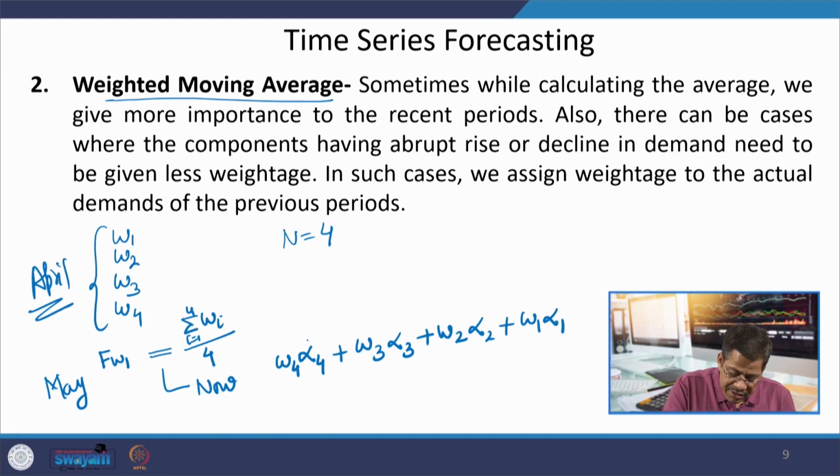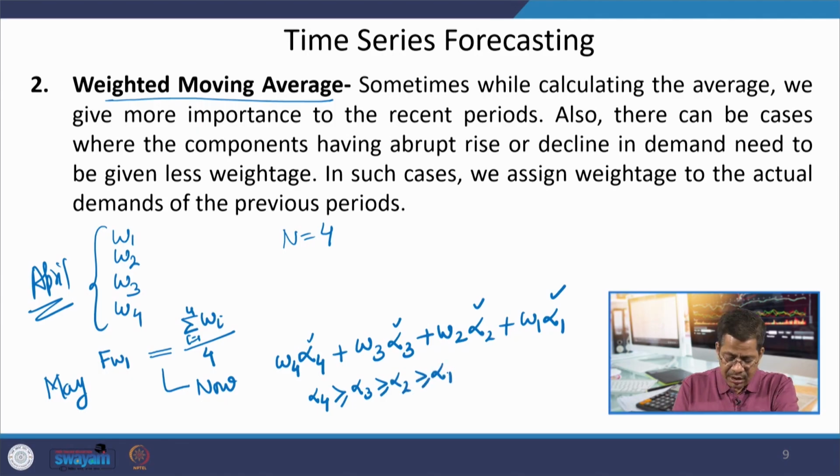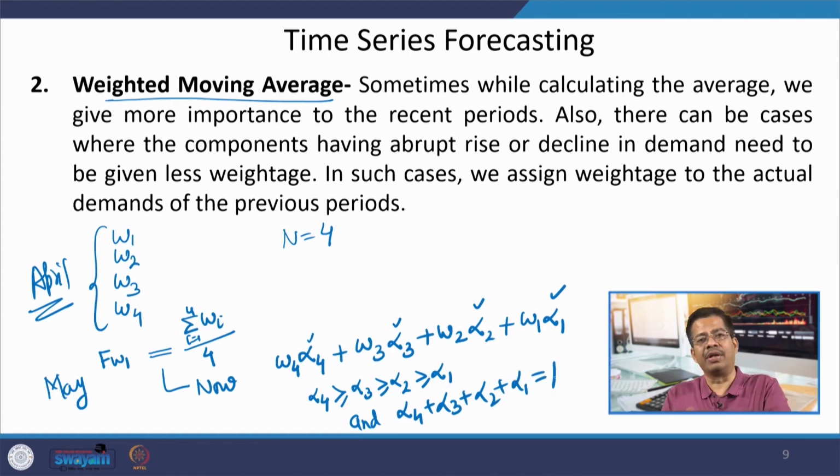These are the weights alpha 4, alpha 3, alpha 2, alpha 1, and I have taken these weights in such a manner that alpha 4 is higher than or equal to alpha 3, higher than or equal to alpha 2, higher than or equal to alpha 1, and alpha 4 plus alpha 3 plus alpha 2 plus alpha 1 equals 1 also.